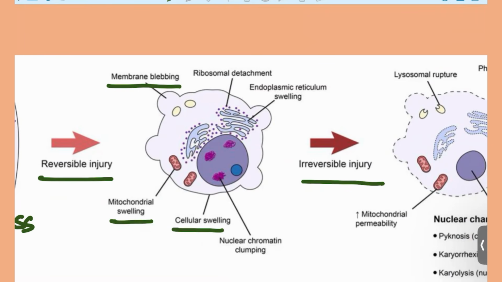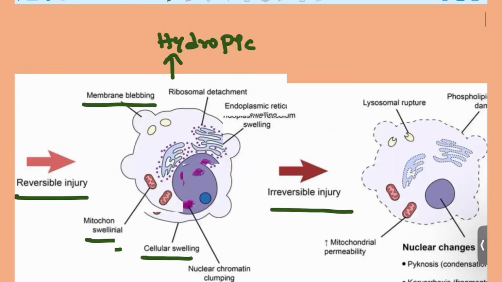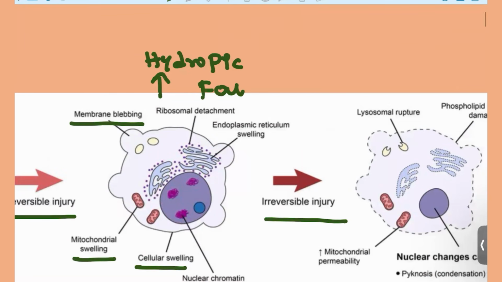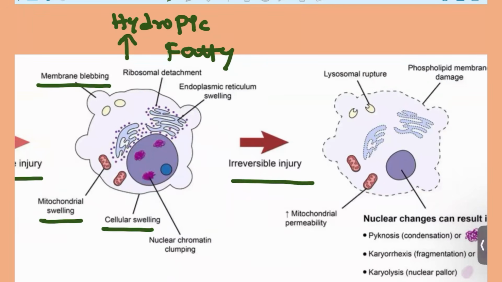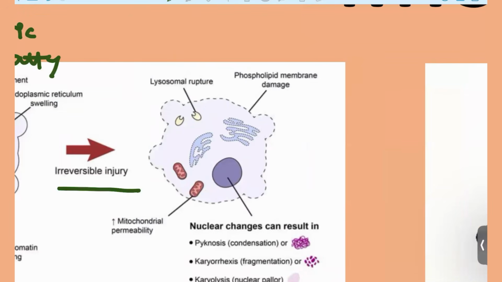Why is this change coming? When there are hydropic changes or fatty changes, these kinds of changes will be seen in the reversible injury. Next, if it has already extended to the irreversible injury, then there will be rupture of lysosomes, membrane damage and mitochondrial permeability.